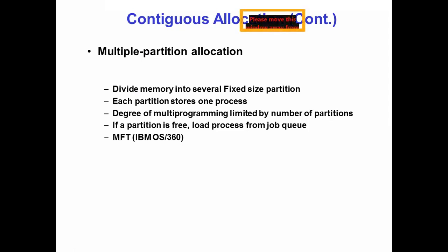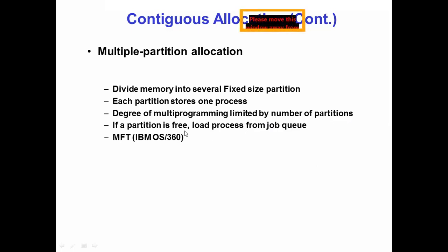Each partition stores one process. We will divide the random access memory, and here each partition stores one process only. The degree of multi-programming is limited by the number of partitions. If we are using multi-programming, with a number of programs running, it is limited by the number of partitions, so it will occupy more parts.